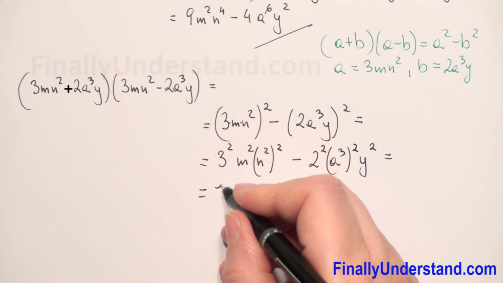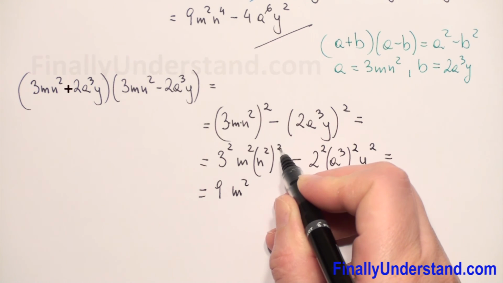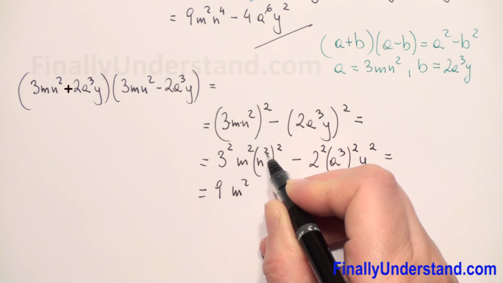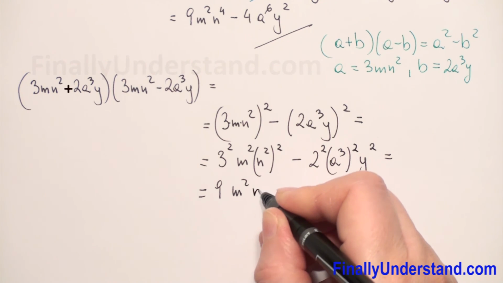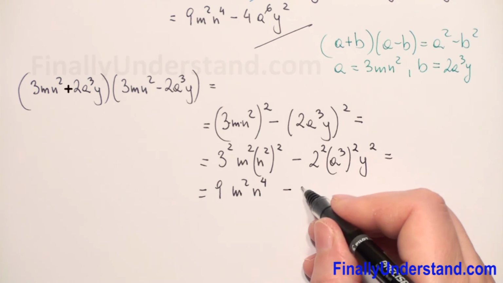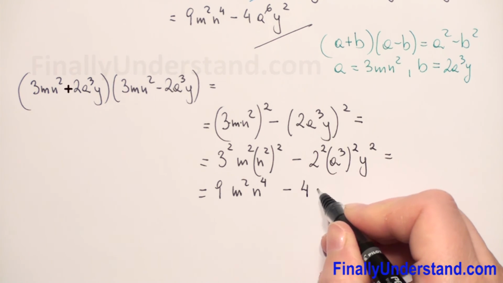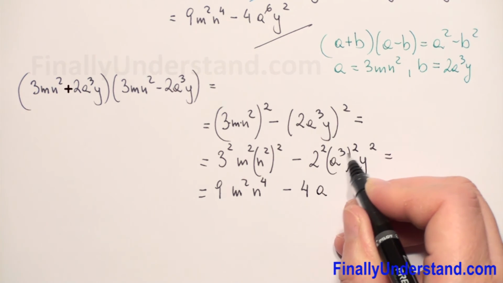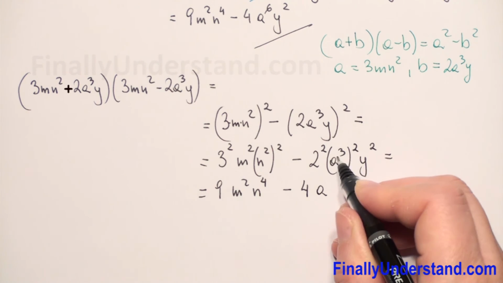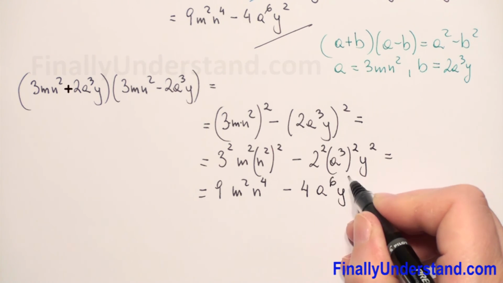So this is equal, 3 to the second power is 9. Next we have m squared, n to the second power, so we have to multiply the powers. 2 times 2 is 4, so n is to the 4th power, minus 2 to the second power is 4, a cubed to the second power. We copy the base and we have to multiply the powers, exponents. 3 times 2 is 6, and we have y squared.